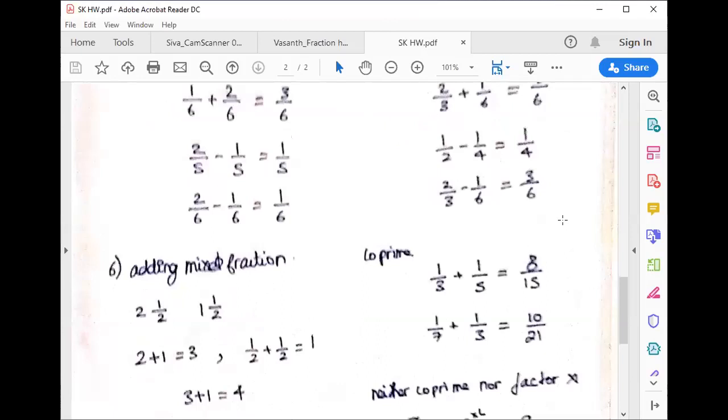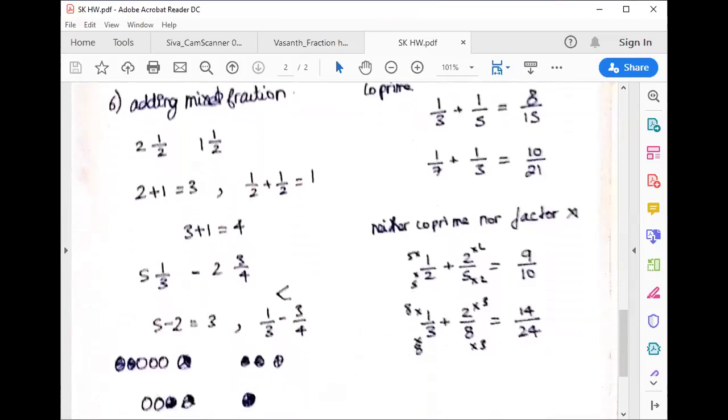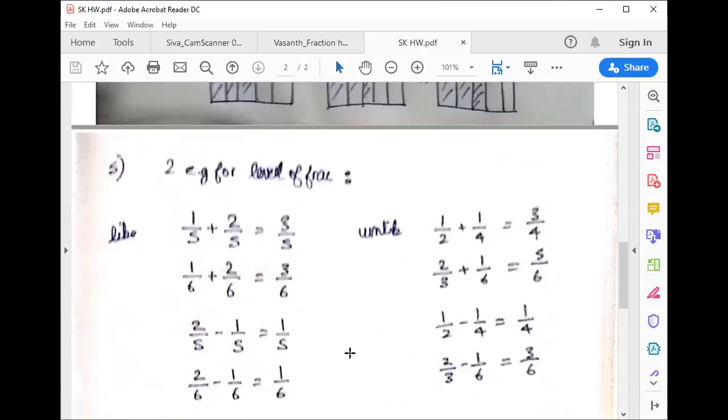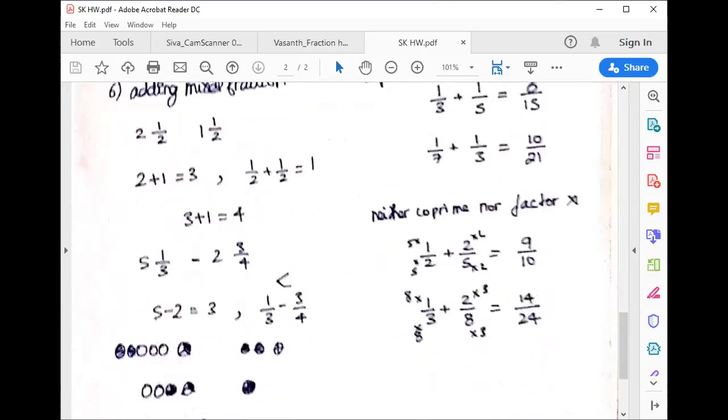Okay. So here again, okay. Now this part is fine. Co-prime is fine. These things are all fine. But when you are looking at neither co-prime nor factor multiple, I believe this is half and 2/5.